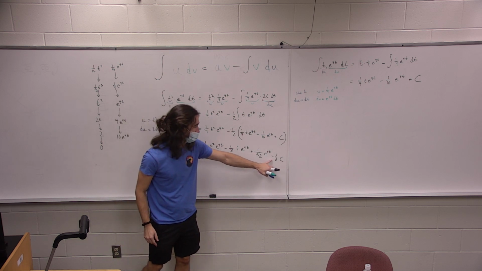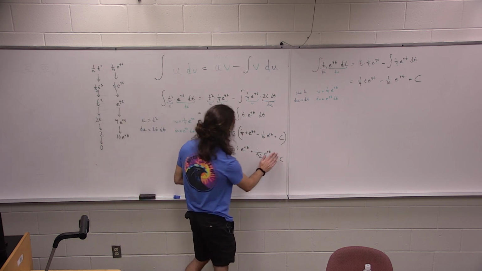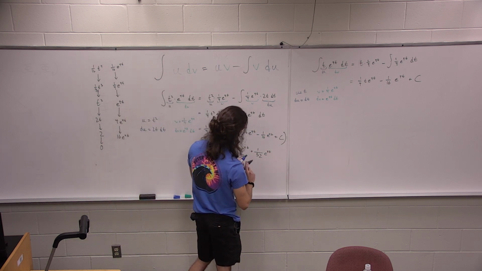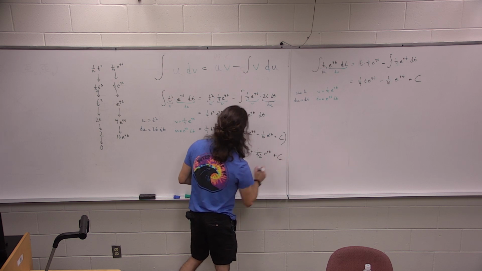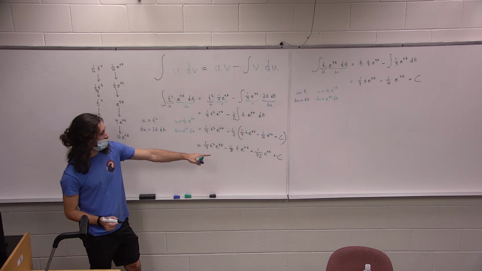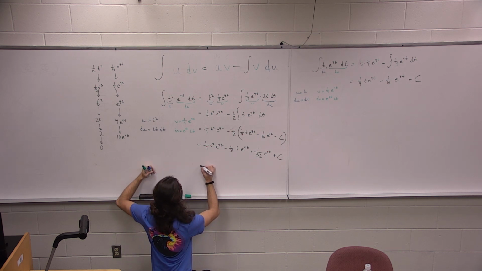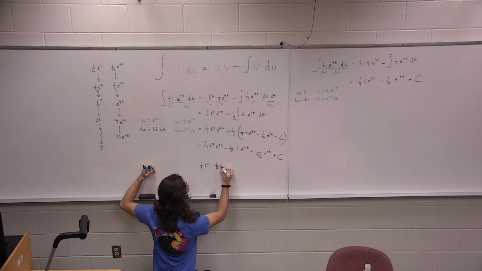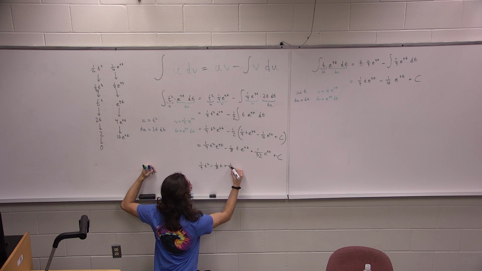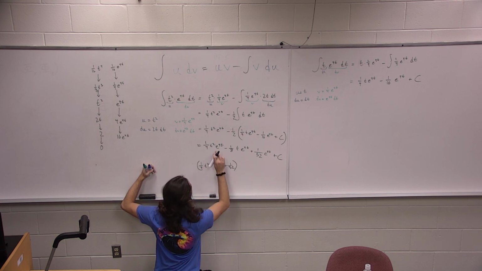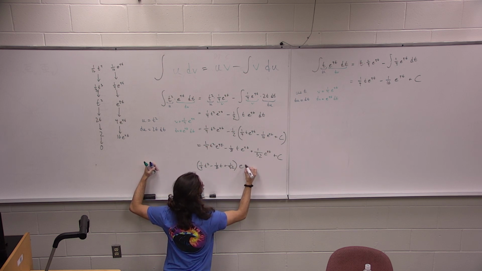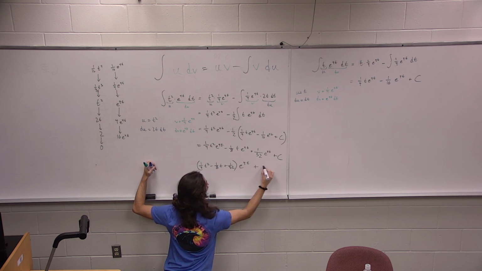If you multiply it by something, it's still just some number at the end, so you can just relabel it as plus c. So there you go, that's the answer. Some people like to do this: since these all have an e to the 4t in them, some people like to write it like that.